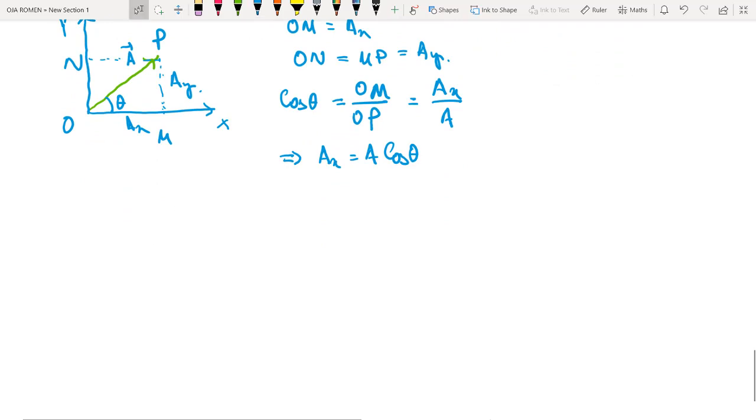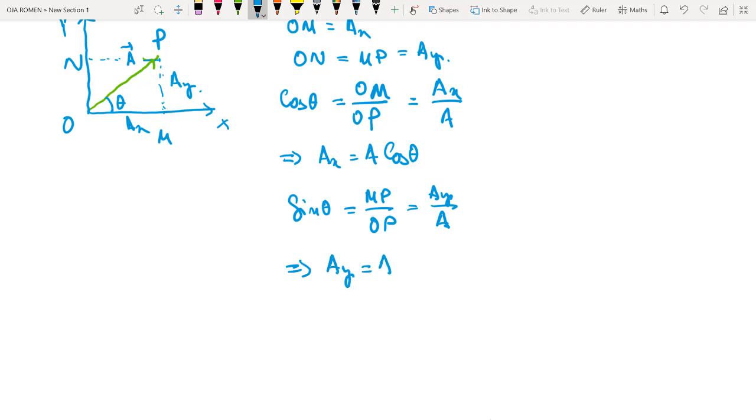Similarly, sine of theta is perpendicular by hypotenuse, so perpendicular is MP divided by OP, so this is AY divided by A, so AY equal to A sine theta.